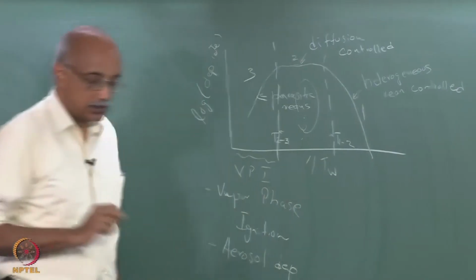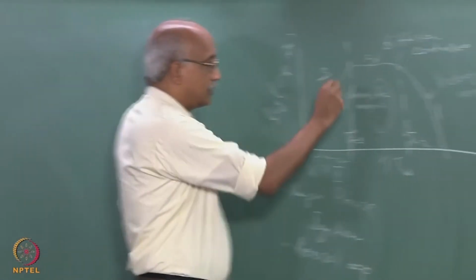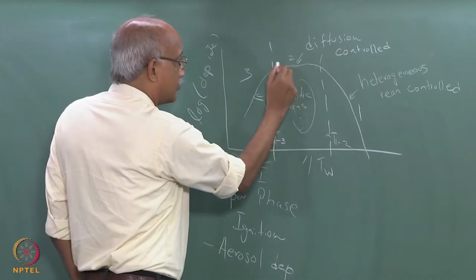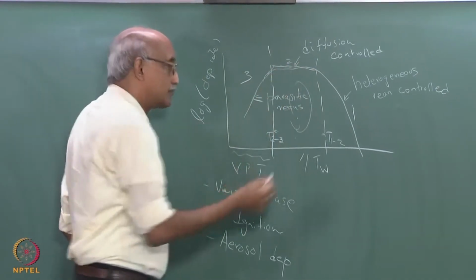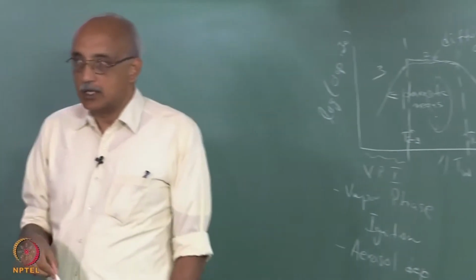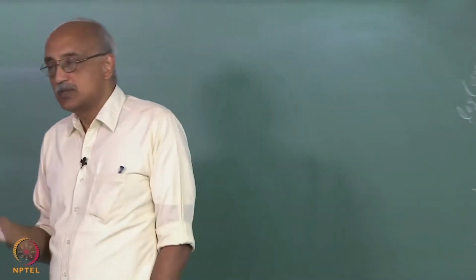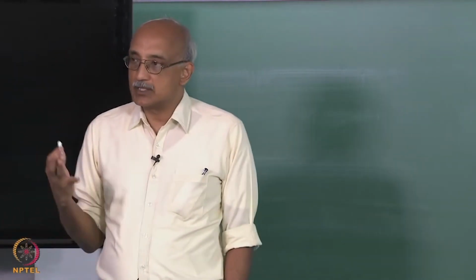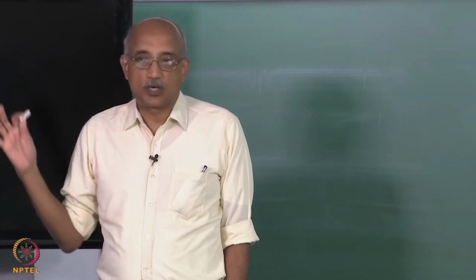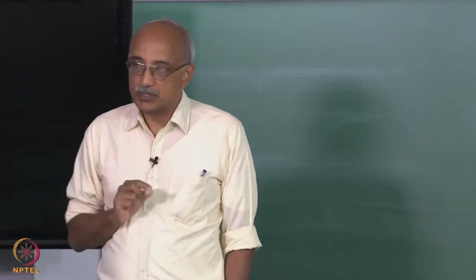On the other hand, actually the way I have plotted it, it is totally flat, but actually the way it looks is a slight upslope. So, increase in temperature even in the diffusion control regime does result in a small increase, because the diffusion coefficient varies as T to the power 1.5 or so. So, there is an increase in the deposition rate.